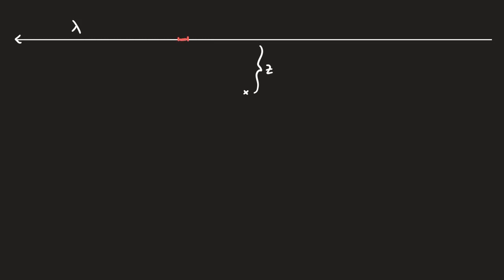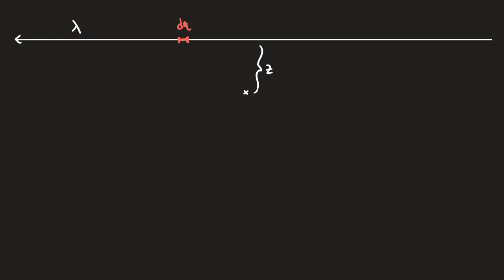I'm going to pick a point right here. Call that dq. I want to see if I can find a way of defining the electric field from this piece of charge. So we're going to need to come up with a way of describing this point.